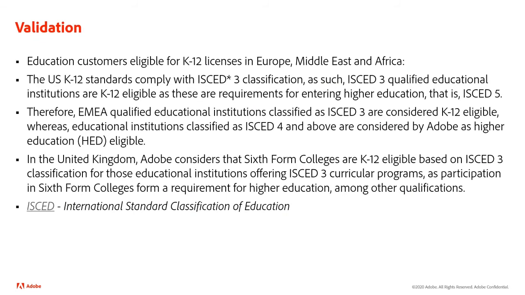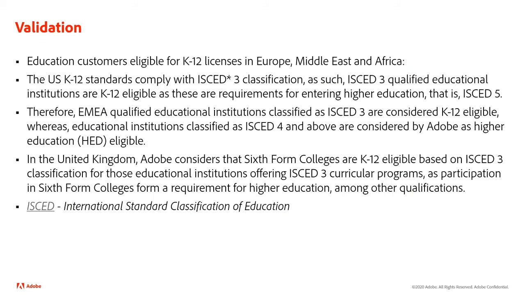To put this in an easier context, in the UK, we have GCSEs that are level 2 qualifications that you'll do in our secondary schools, and then you might stay on at the sixth form and do an A level or a BTEC level 3. So if your institution is doing level 3 qualifications, then they can buy the K-12 licenses, the named users or the shared device.